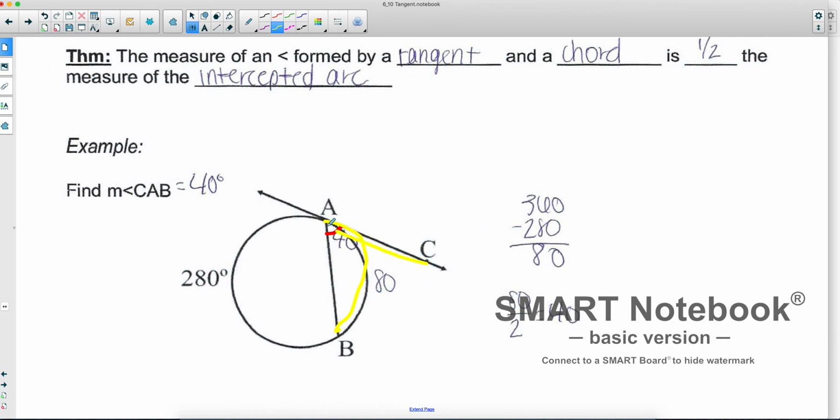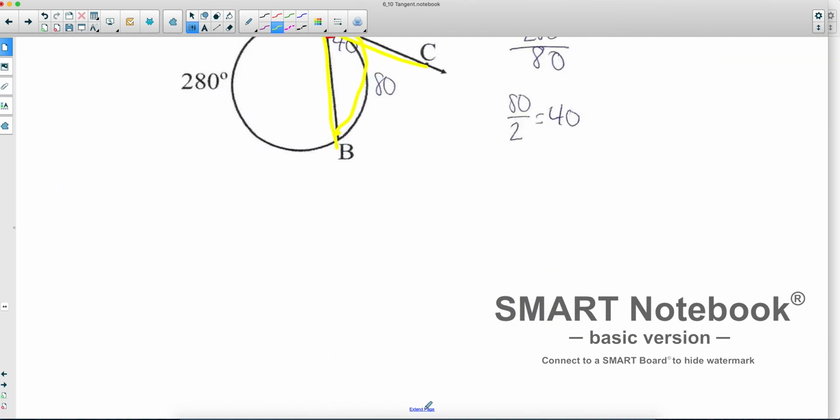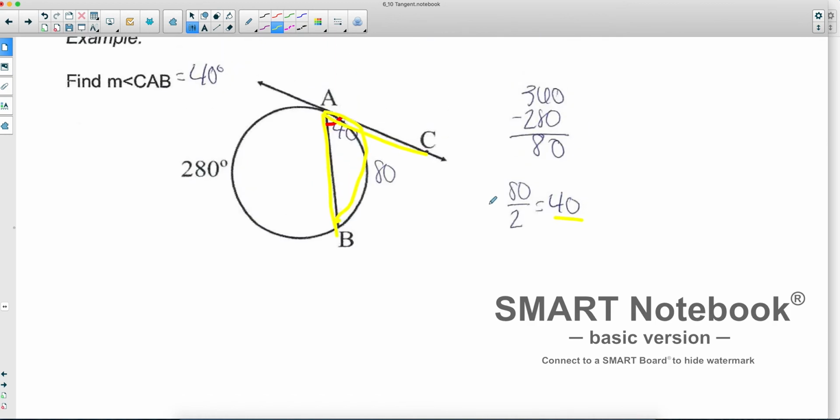That means that the angle formed by the tangent and the chord is half the arc. So half of 80 is 40. So angle BAC, or angle CAB, is 40 degrees.